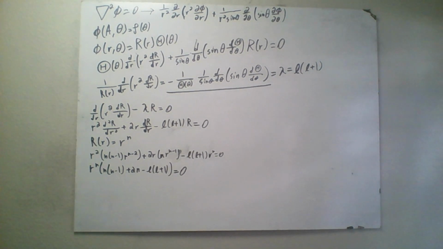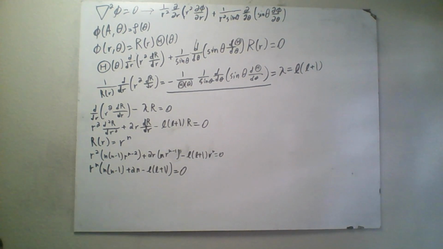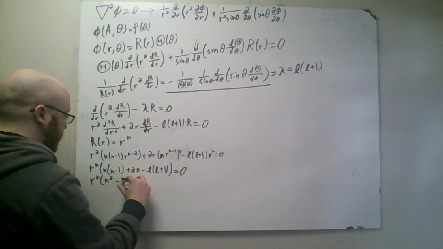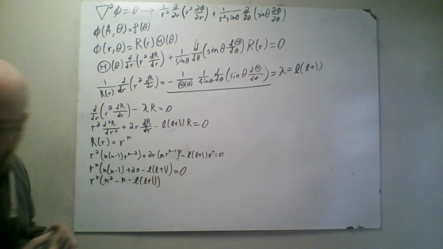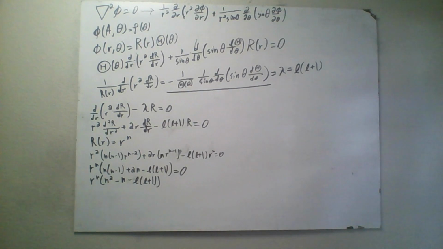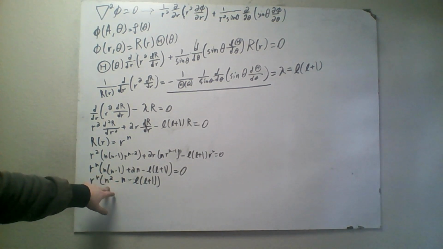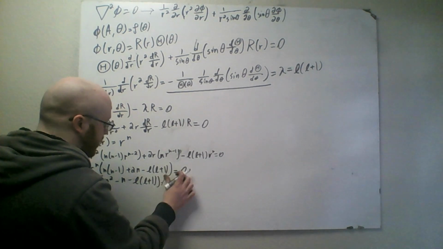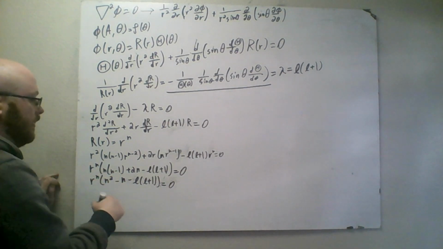Here's where it kicks in. In this case, this is just a quadratic equation in terms of n: n squared minus n minus L times L plus 1. Remember this has to work for all r, so the r to the n term can be anything.